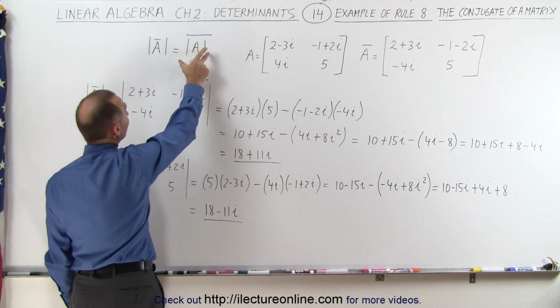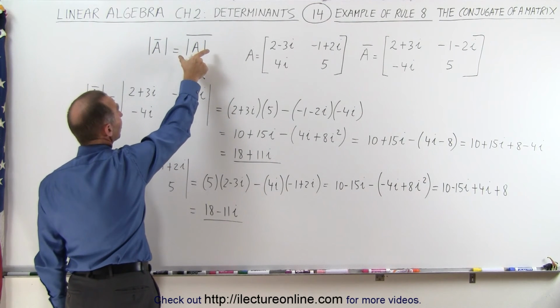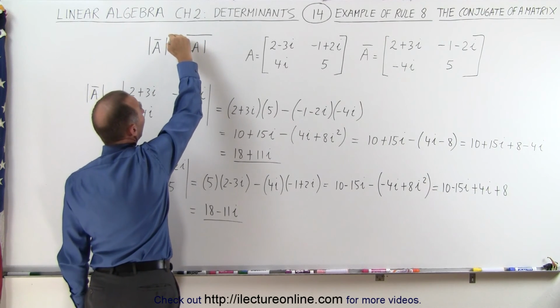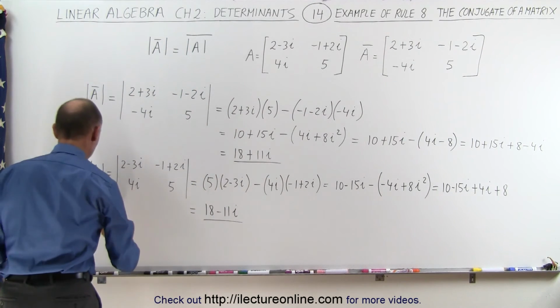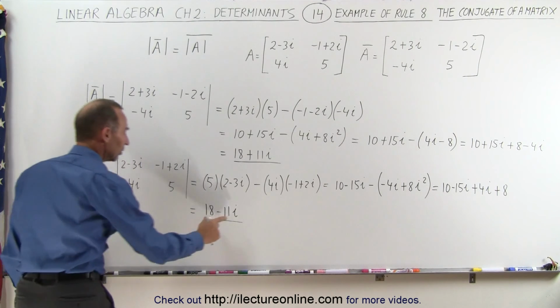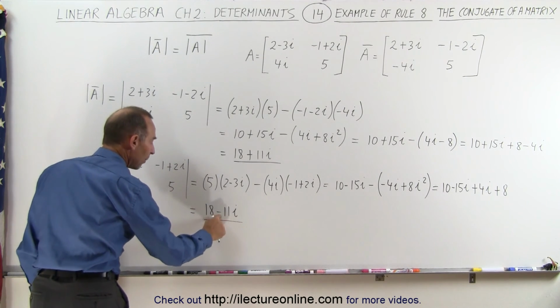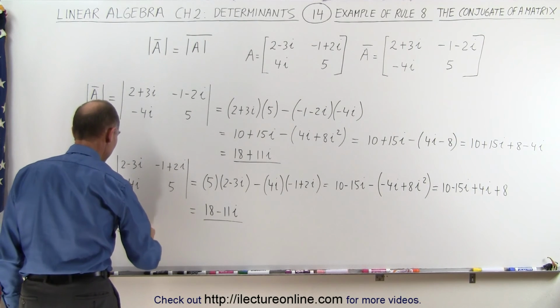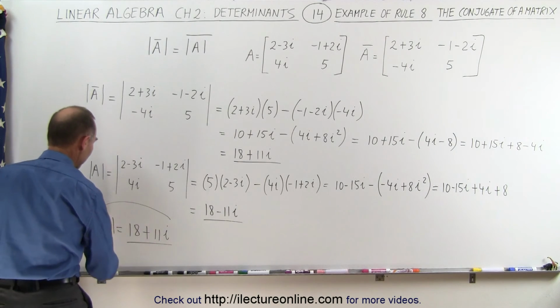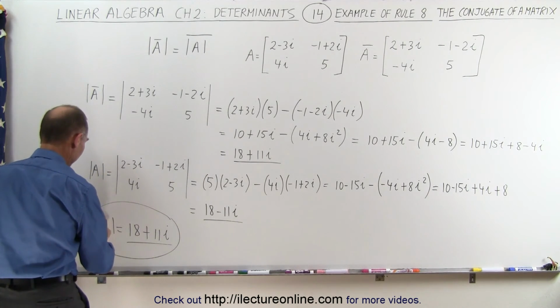But then according to this, after we take the determinant of matrix A, we need to find the complex conjugate of that, which means that if we now take the complex conjugate of this, it is simply equal to this, but with the negative changed to a positive, so this becomes 18 plus 11i. That's not written quite right.